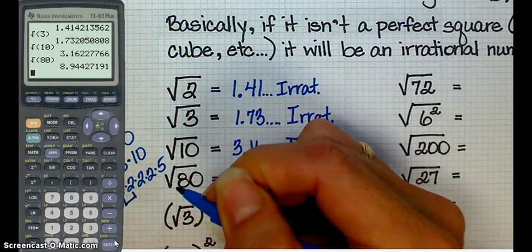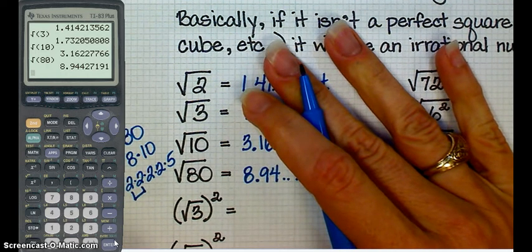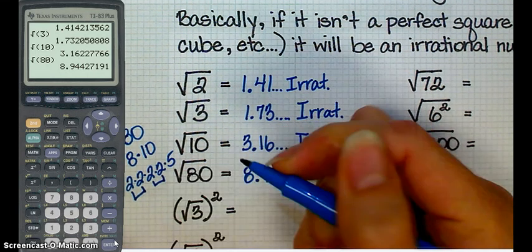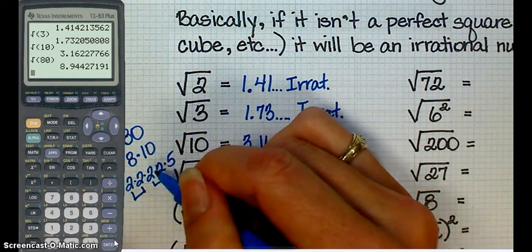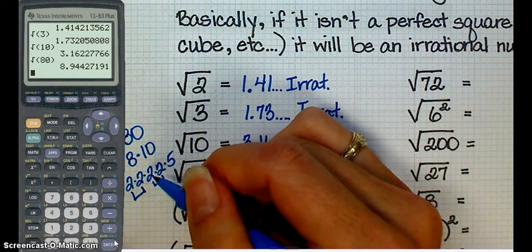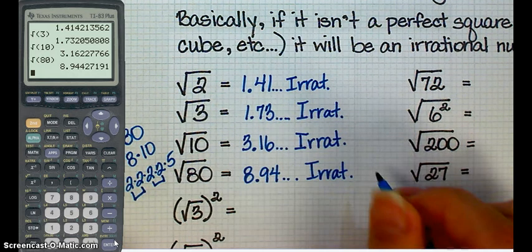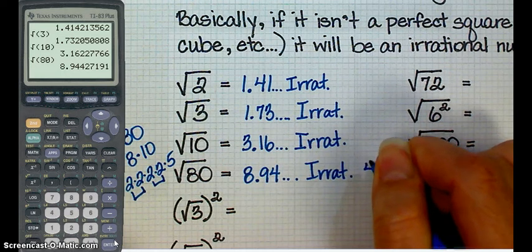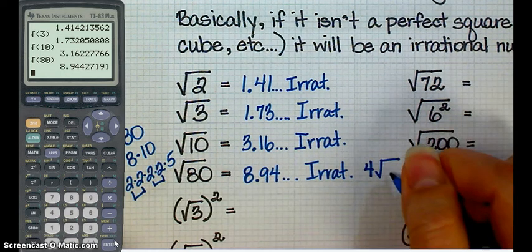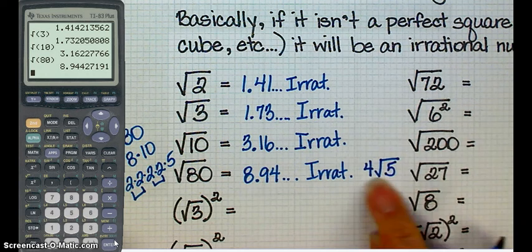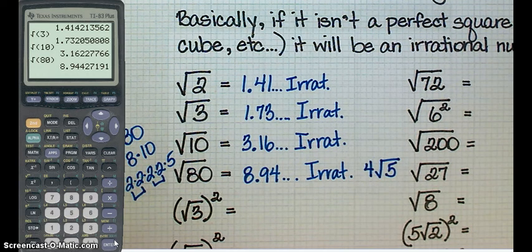Well, 2 times 2 is a perfect square. And another 2 times 2 is a perfect square. So I can take the square root of 4 out, and that's 2. Square root of another 4 out, and that's another 2. So really, I can write this as 4 times the square root of what I've got left, which is 5. But still, if it's times the square root of something, it's still irrational.